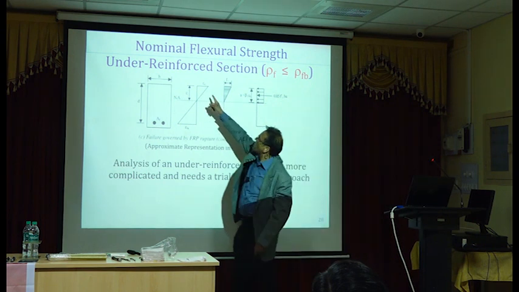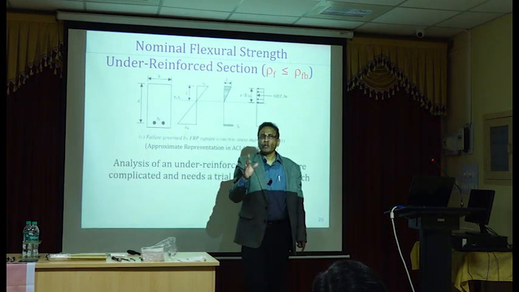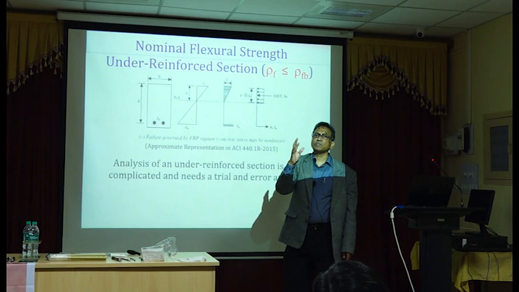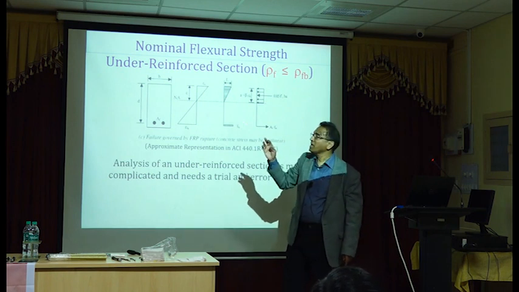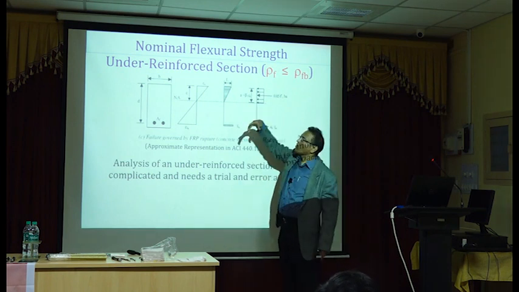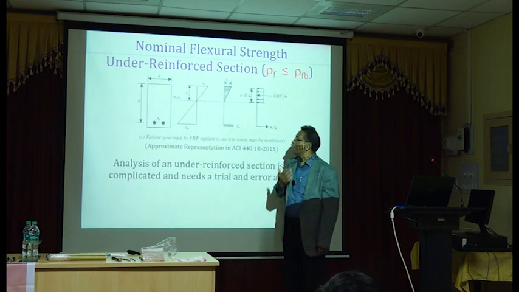So if epsilon C is very close to 0.003, let's say it's 0.0028 or something like that, then it is okay to use a normal rectangular stress block, which is fine.